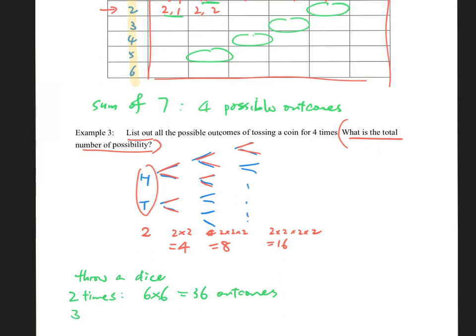But how about 3 times? Right now we say we can't use the table to present the answer, but by the principle we just mentioned, it will be 6 times 6 times 6, which gives you 216 possible outcomes. So generally speaking, when you throw the dice n times, it gives you 6 to the power n possible outcomes in your answer.